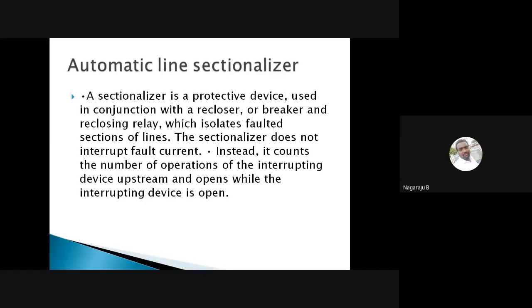So whenever you have a higher count, with four counters, at the third counter the line is going to be isolated by the line sectionalizer, and at the fourth tripping time the reclosing device will reclose in that situation.